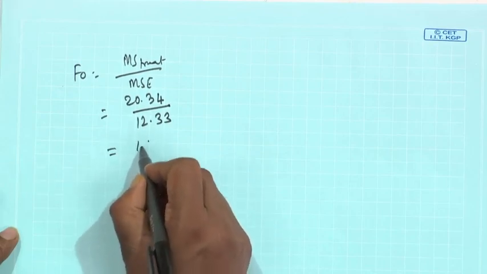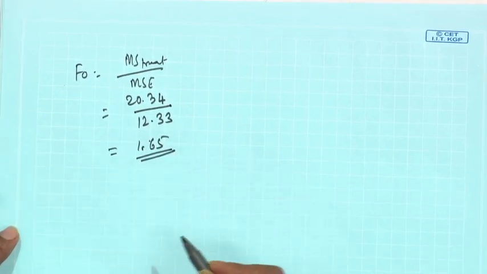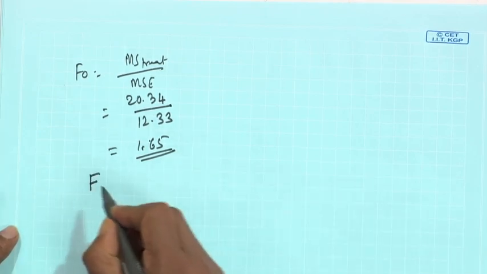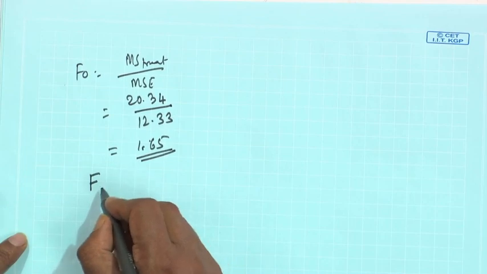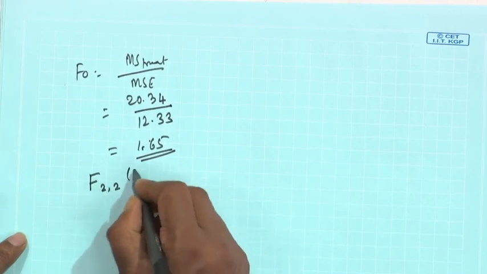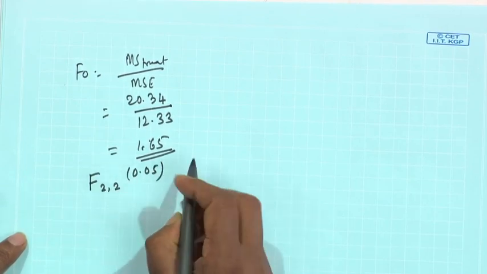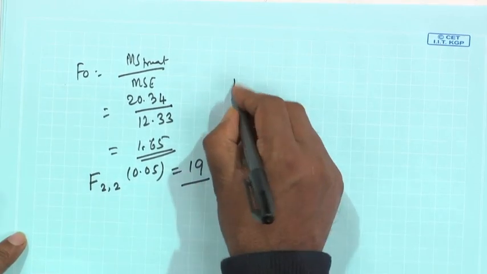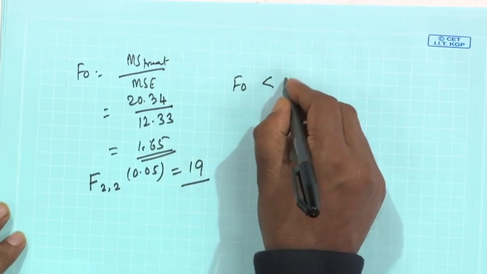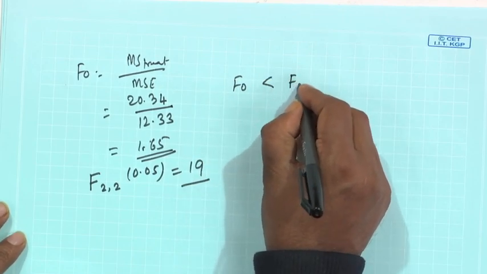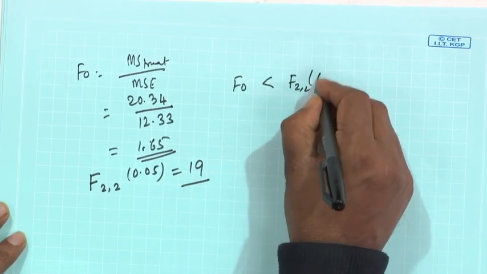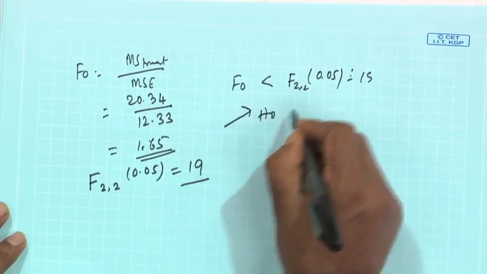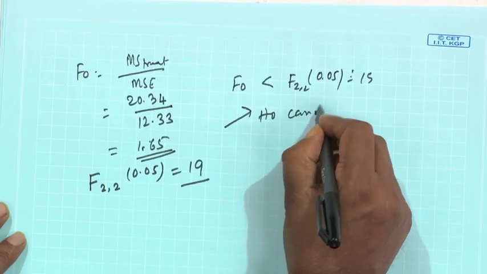This gives us a value of 1.65, which is to be compared with F with p minus 1 and 2, that is F 2, 2, with alpha 0.05, and this value becomes 19. As a result, F0 is less than F 2, 2, 0.05, which is 19. So, H0 cannot be rejected.